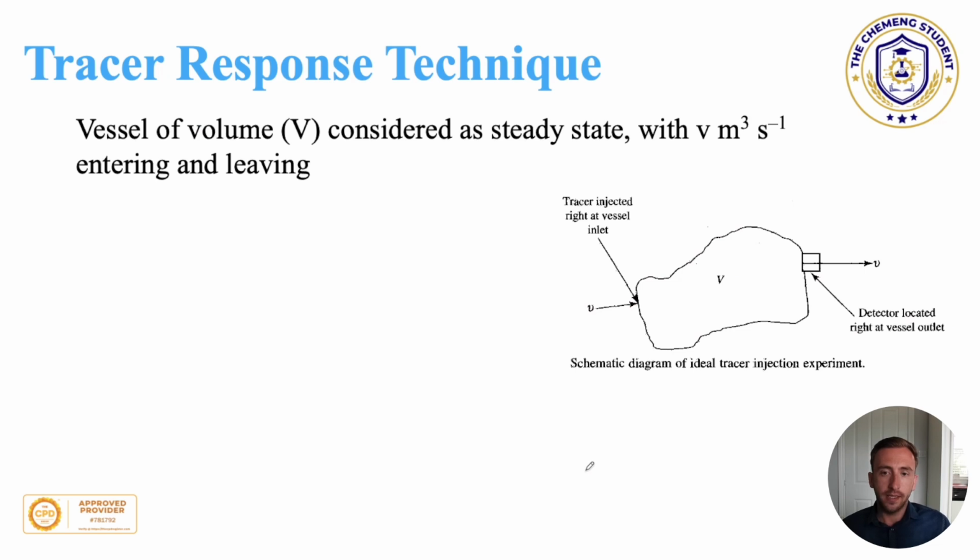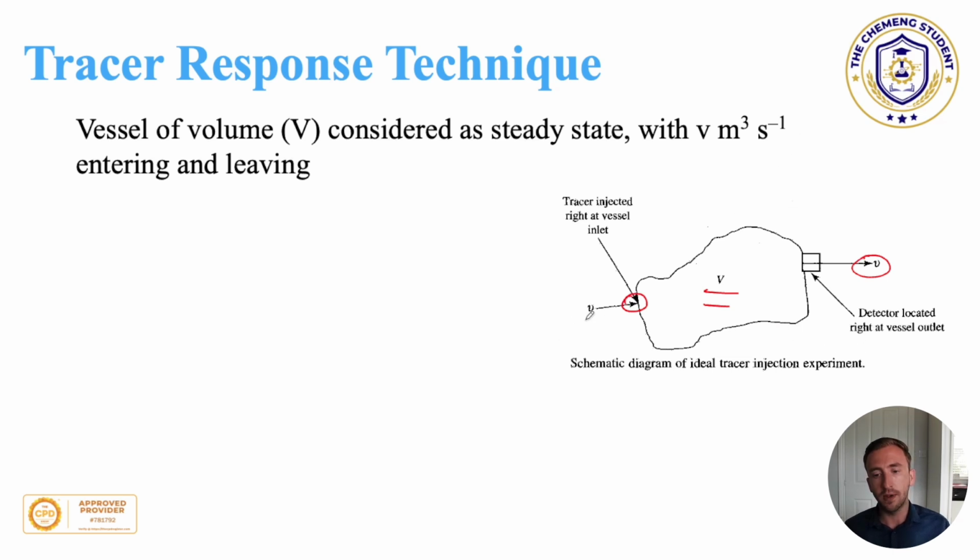Now, if we hone in on the tracer response technique, this is just a general schematic of what we are trying to visualize when we do this. We have a steady state flow which comes in at the inlet point and leaves at the outlet. We then have a fixed vessel volume. So what we need to ensure is that we fix the volume within the system. And generally speaking, within the reactor, we can assume that the volume is fixed.